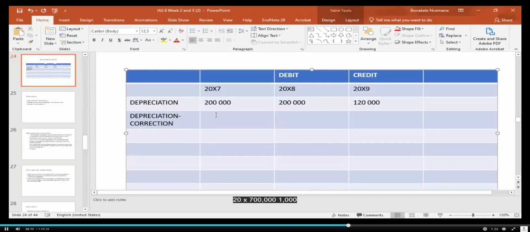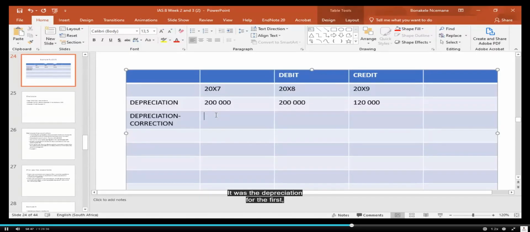And how did you arrive at 200,000? It's the million multiplied by 0.2. Why 0.2? Is it not the same as 20% divided by 100? It is the same.